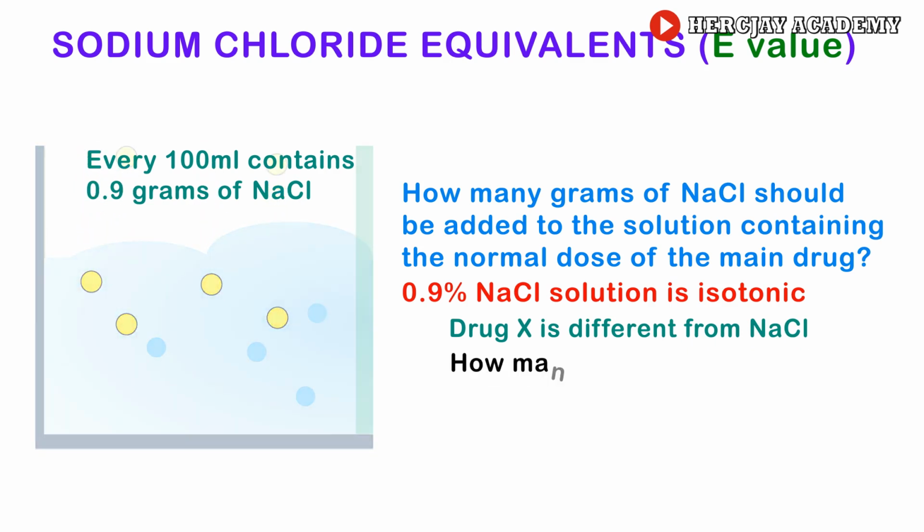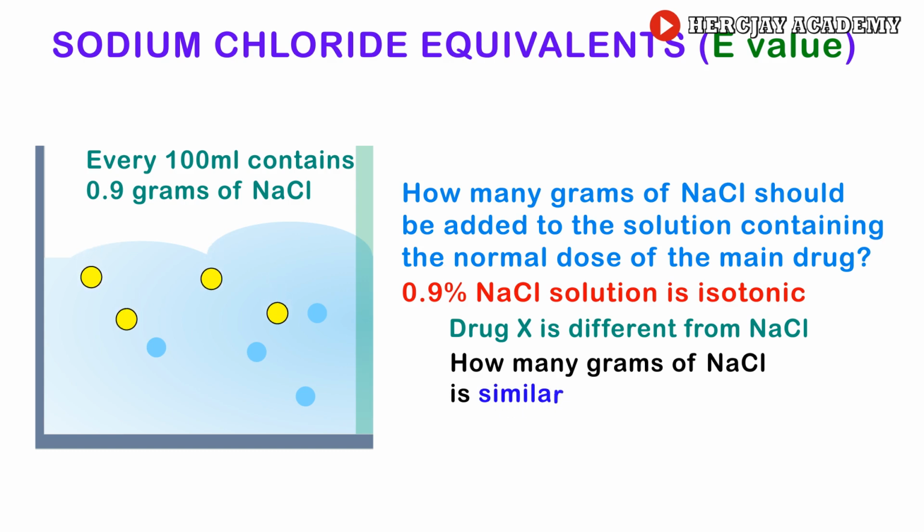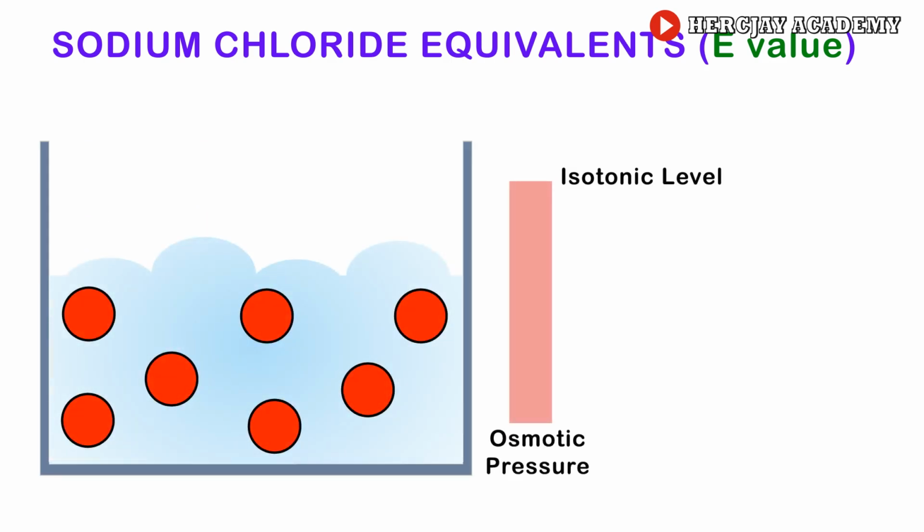Now, we need to know the amount of sodium chloride that contributes the same osmotic pressure as 1 gram of drug X. To illustrate, if you bring an isotonic solution of drug X and then remove 1 gram of drug X from that solution, it is no longer isotonic because it has lost the osmotic pressure contributed by that 1 gram that you removed.